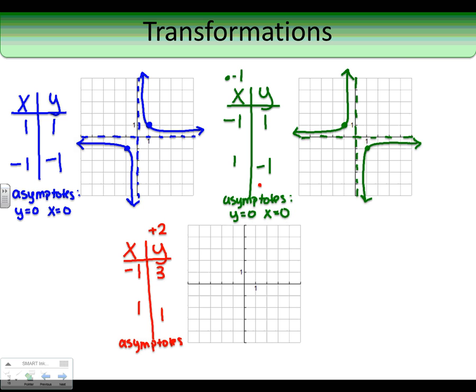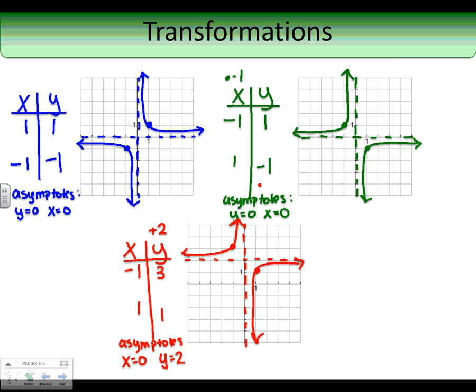So we're not doing anything to the x's. So x equals 0, but we added 2 to the y's. So my y asymptote is also going to shift up. The whole graph shifts up 2. So we have x equals 0 and y equals 2. We have the point negative 1, 3, and 1, 1. Okay, so you can see how my whole entire graph shifted up.